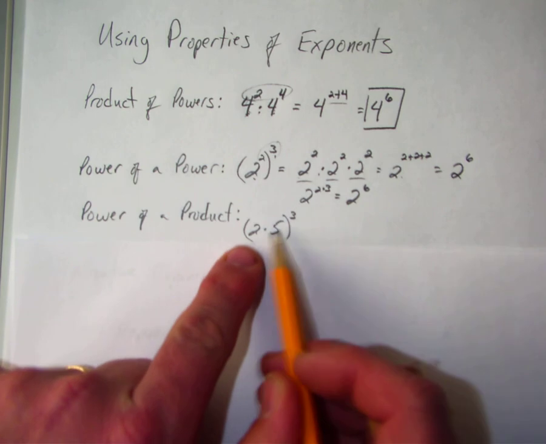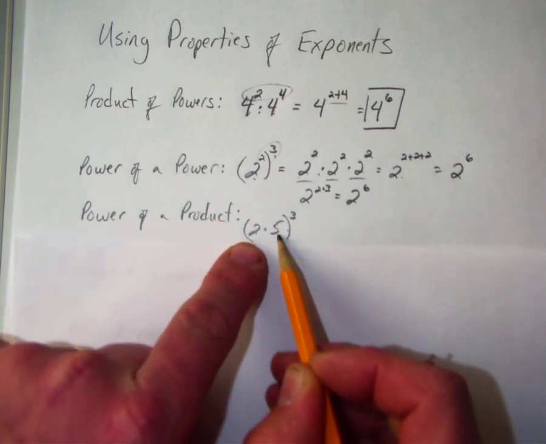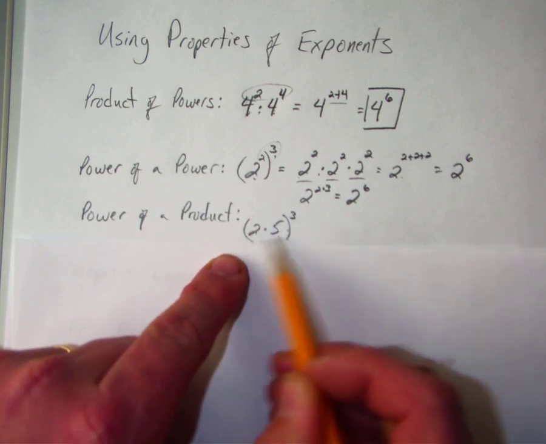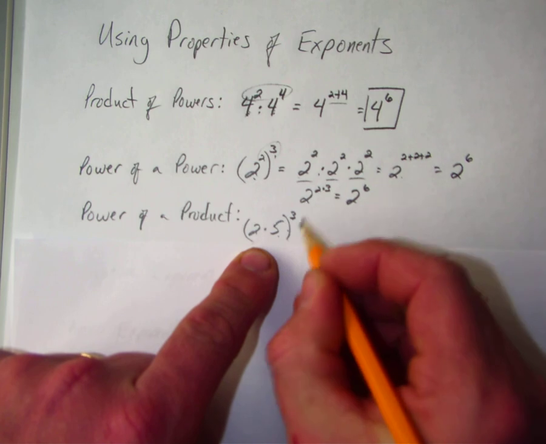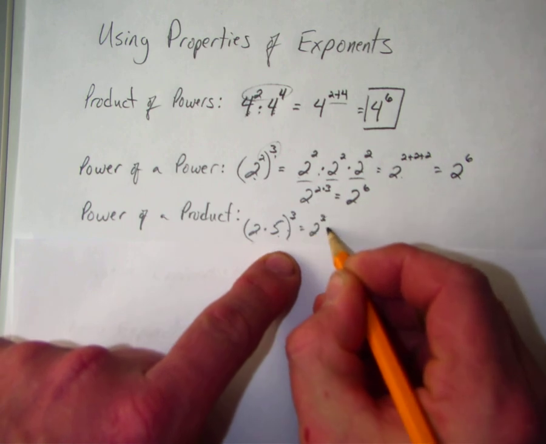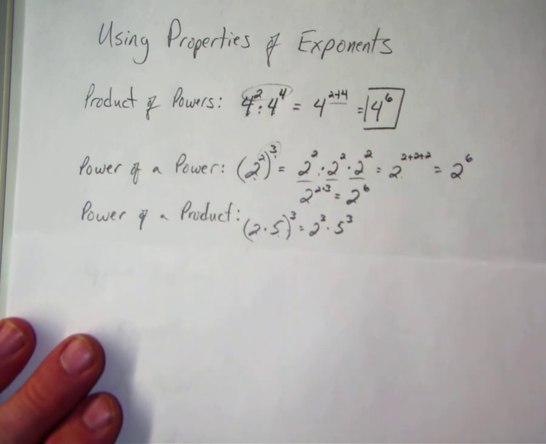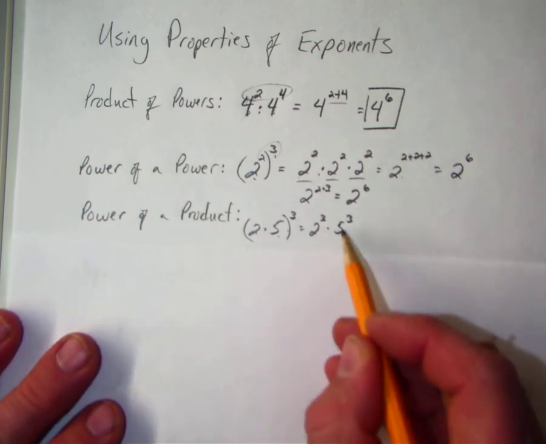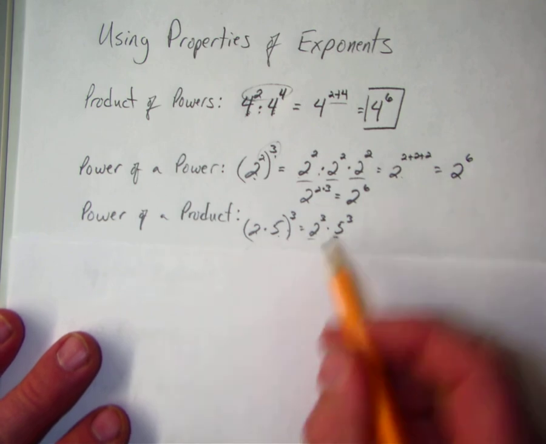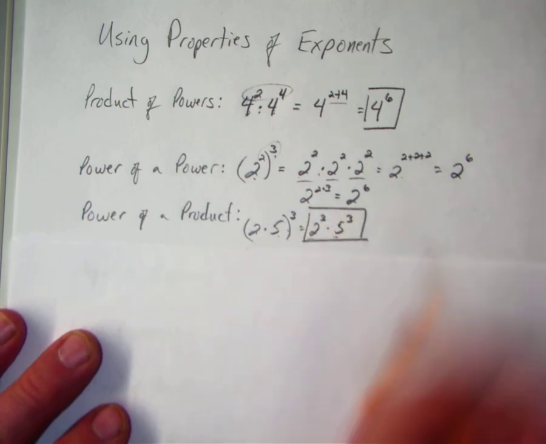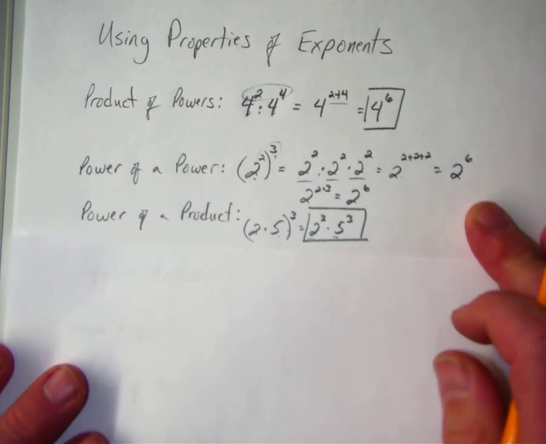What this means is, since everything inside the parentheses is being multiplied, in other words, there's only one term inside, that means I can distribute my exponent. So I can do 2 cubed times 5 cubed. Now, can I add these exponents? No, because the bases are not the same. So therefore, I can just leave it as 2 cubed times 5 cubed. And again, you can use a calculator if we need a value for it.